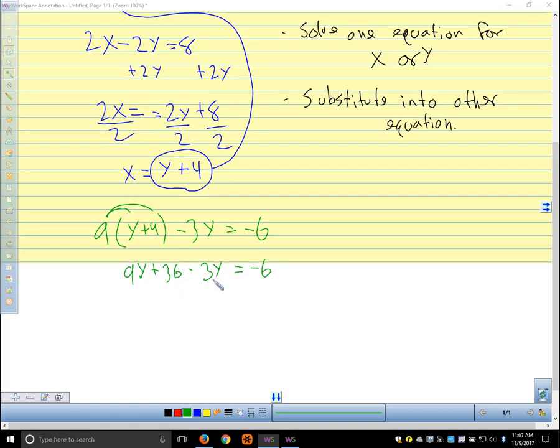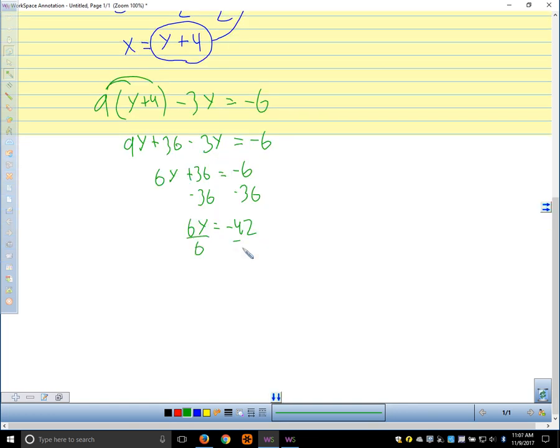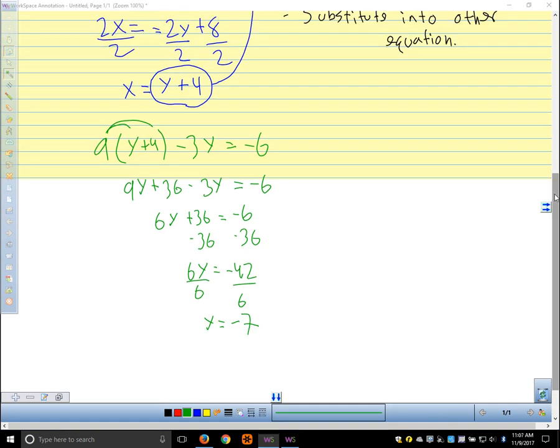Combine my like terms. 9y minus 3y is 6y. Now I want to get y by itself, so I subtract 36 from both sides. So I get 6y equals negative 6 minus 36 is negative 42. Now I divide by 6, and y equals negative 7. And now I'm going to take this, y equals negative 7, and substitute it right there to find x.